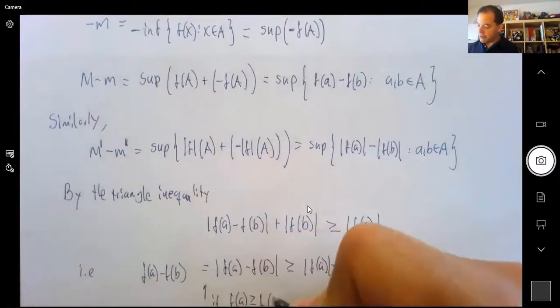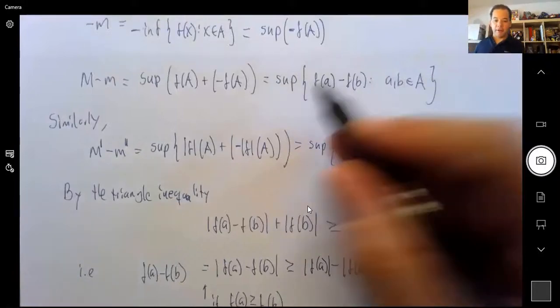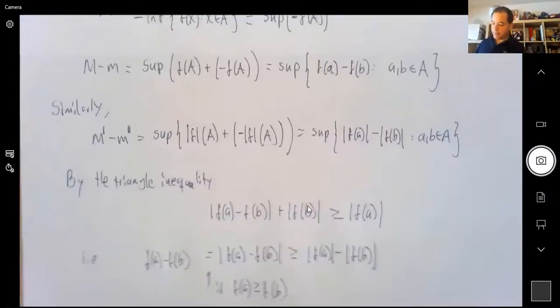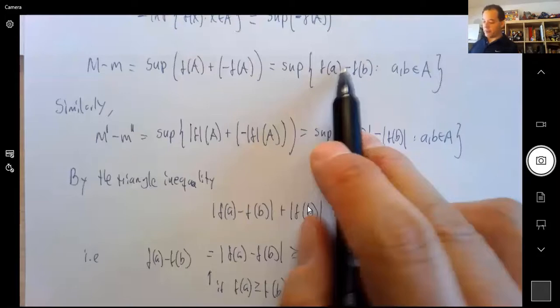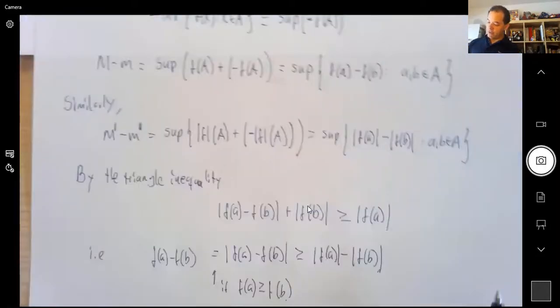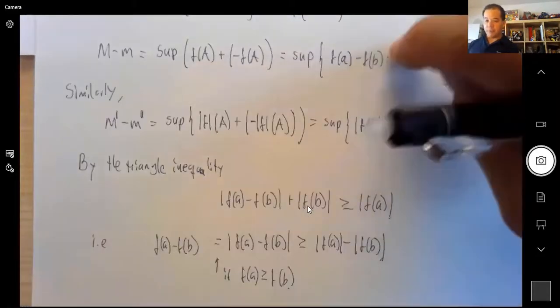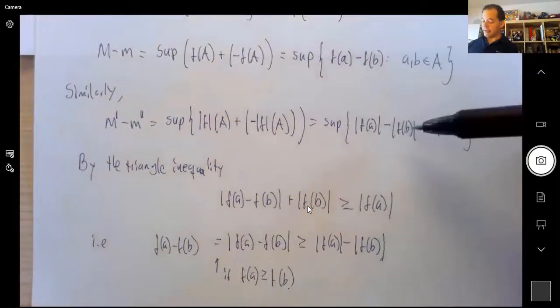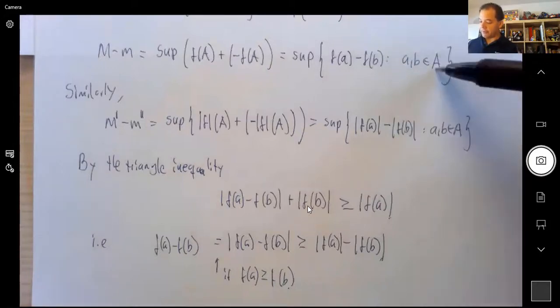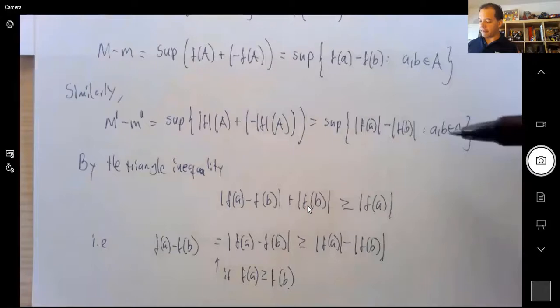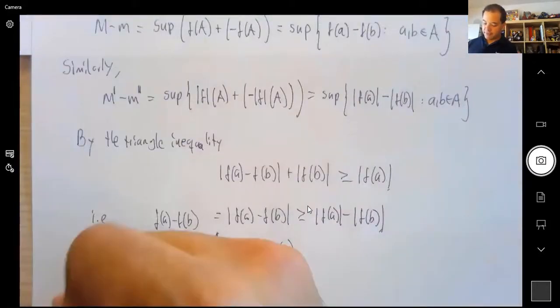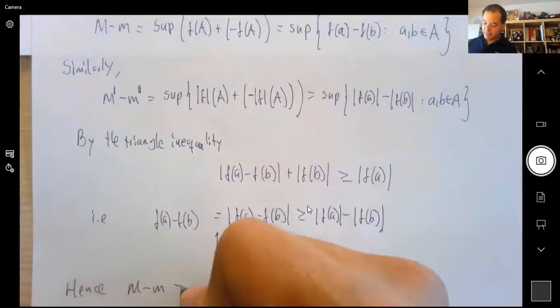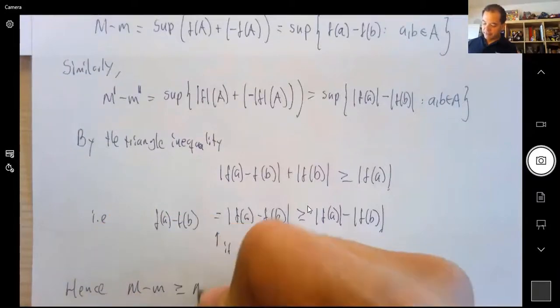And if f of a is not bigger than f of b, don't consider that pair. That pair definitely will not contribute to the supremum. So every one of the numbers that count in here is bigger than all the numbers in here. Therefore the supremum of this set has to be bigger than the supremum of that set. So hence, M minus little m is bigger than m prime minus little m prime.